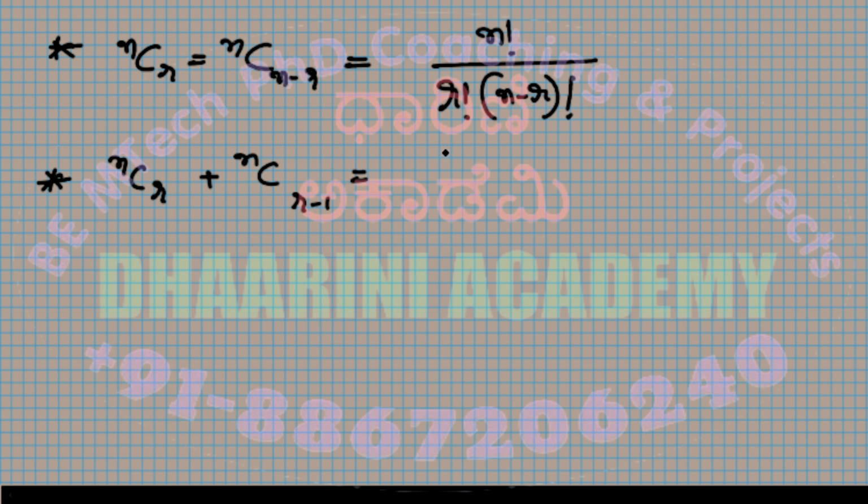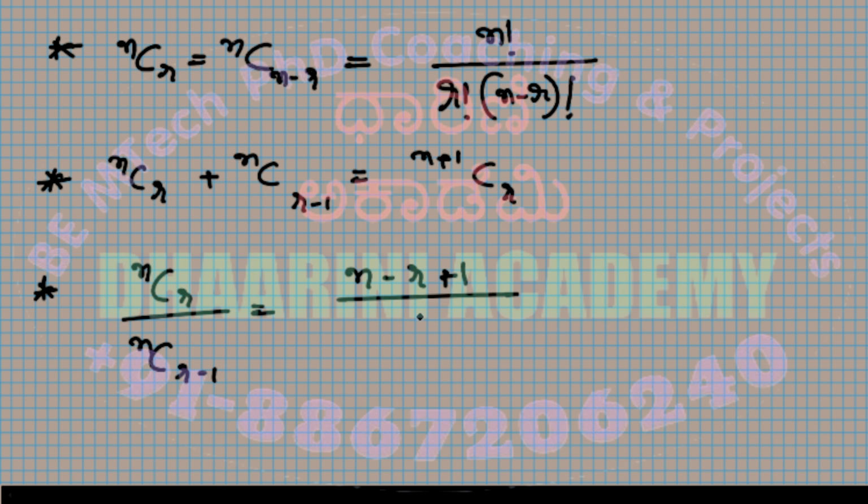So nCr plus nC(r−1) is always (n+1)Cr. And the next important property we are going to use will be this one: nCr divided by nC(r−1) will always be equal to (n−r+1) divided by r.